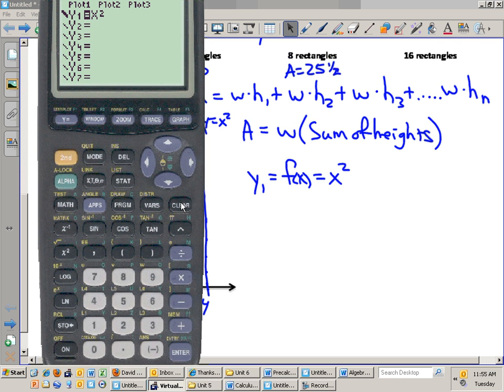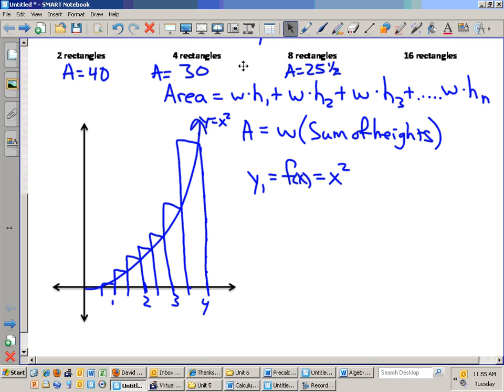That is our function. And what we want to do is sum all these things. First of all, what is our width? If we are dividing into 16 rectangles, what is our width? 1/4. And the way that you got that is the width is equal to 4 minus 0 divided by the number of rectangles, which is 16, and we get 1/4.